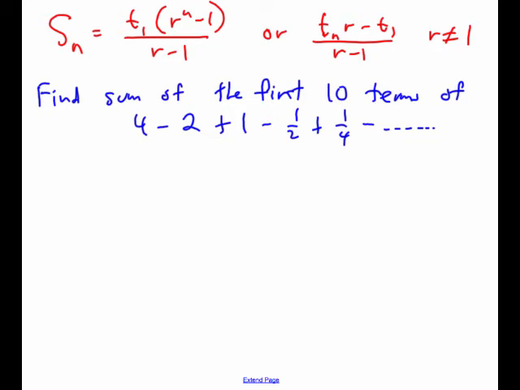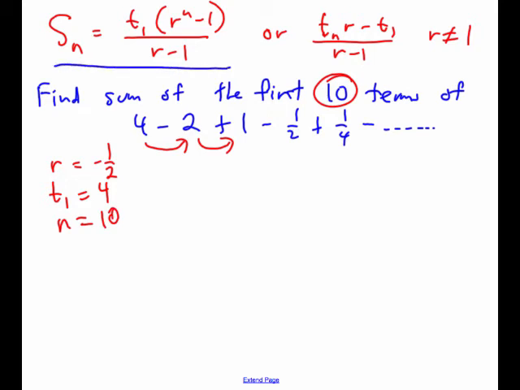Here's an example. Find the sum of the first 10 terms of this series. And it is geometric. We are multiplying by negative a half, so that's r. Our term 1 is 4. And we're being asked to find the sum of 10 terms, so that would mean n is 10. Now, the most straightforward formula to use for this would be the first one, because we have all the ingredient variables.